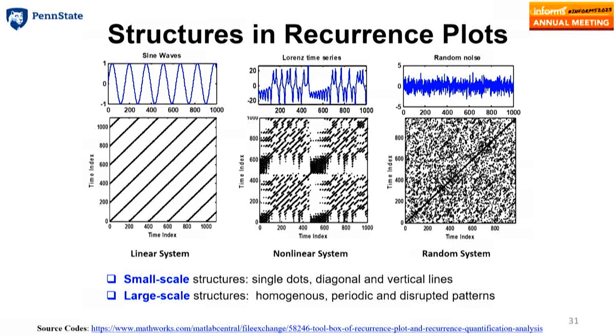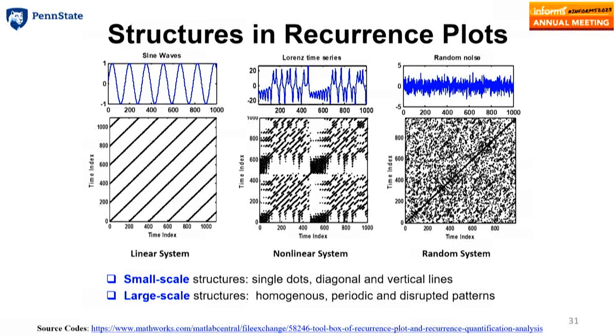And there are intermittent behaviors, and also sometimes there are vertical stability or vertical delays in the state transitions. But if we have random noise, you see we have a very random system. So the small-scale structures are single dots, diagonal lines and vertical lines.